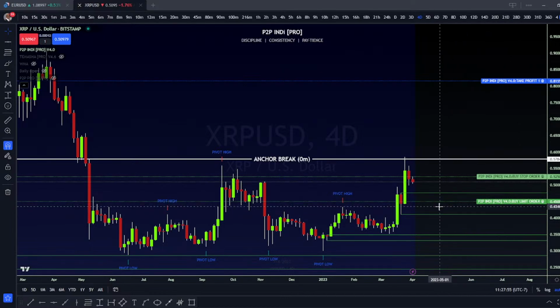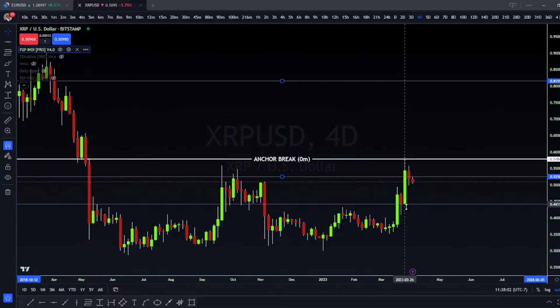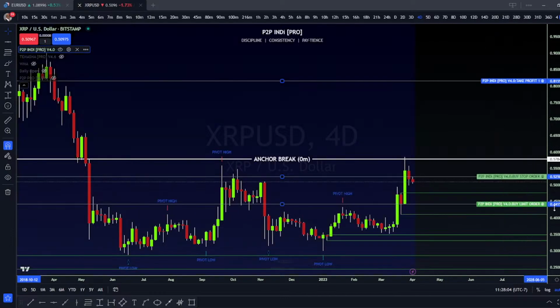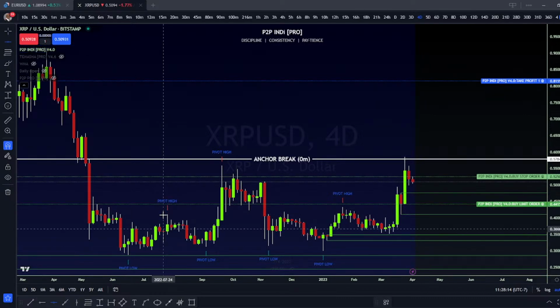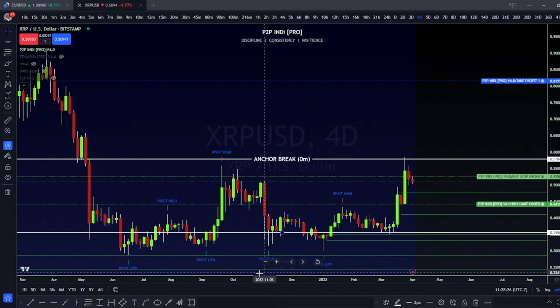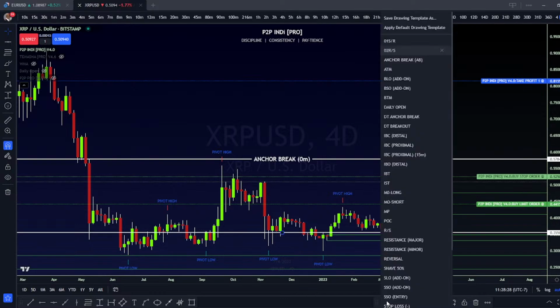We might even be able to get in a little lower. Let's try to do 45. Make as much money as we can on this thing. That's good. I like that. 44.15. So you can do a buy limit order. This is support here. Support is probably going to be here.